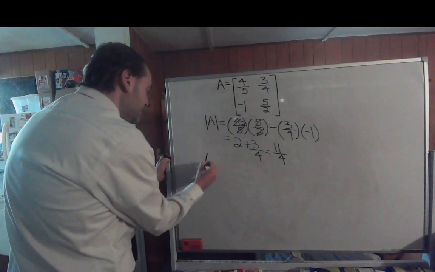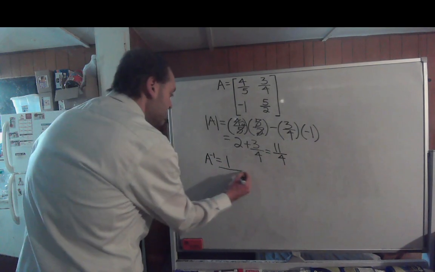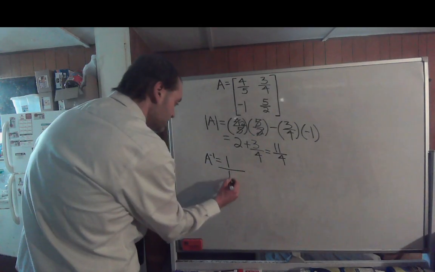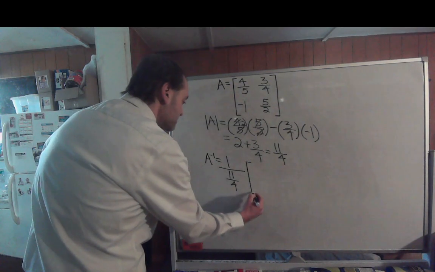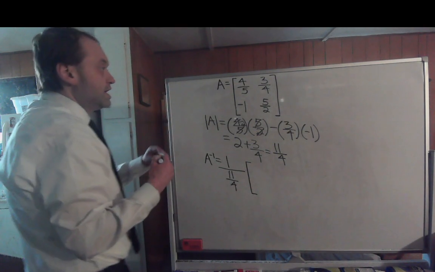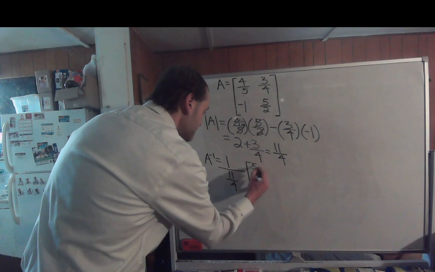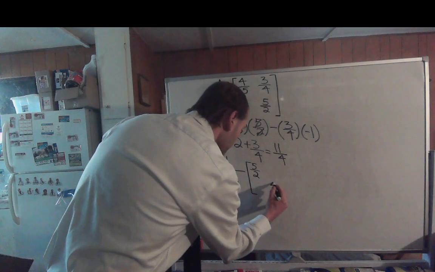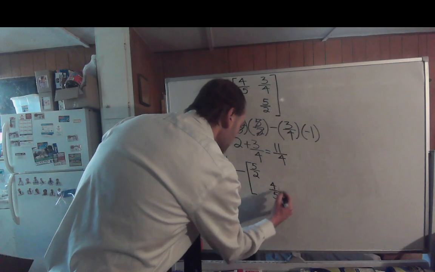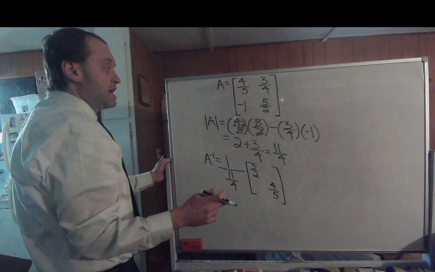Now, to find the A inverse, you're going to take 1 and divide it by your determinant of A, which is 11/4, times this matrix. So A and D swap places, so you would put 5/2 here, put your 4/5 over here, and then B and C stay in the same spot, but you negate them.